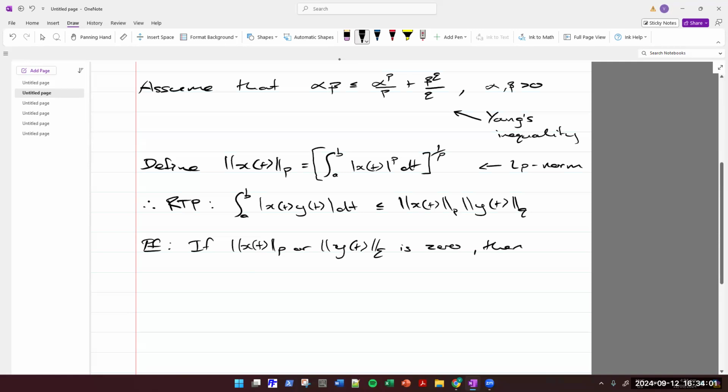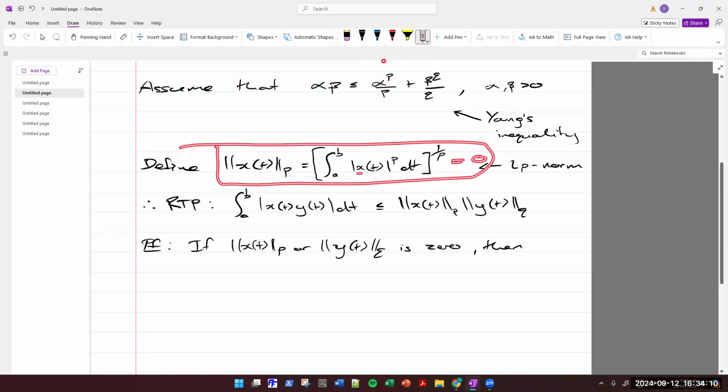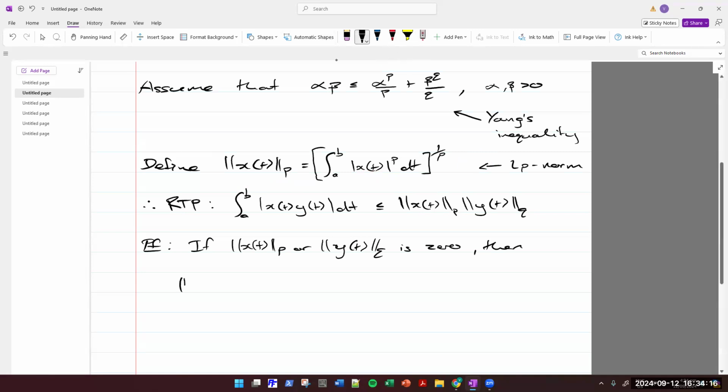then let's just look at what this is. If this term happens to be equal to zero, what can I say about the function x? Let's take, for example, this thing, p. If this thing happens to be zero, let's write back out what it is. It's the integral from a to b, 1 over p. You don't have to do this step, but I want to write it because you should see it at least once in your life.